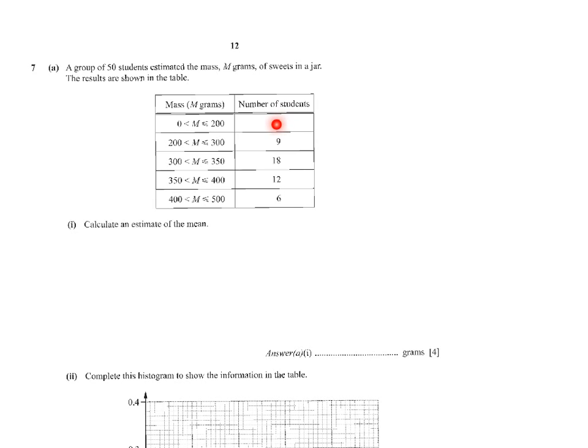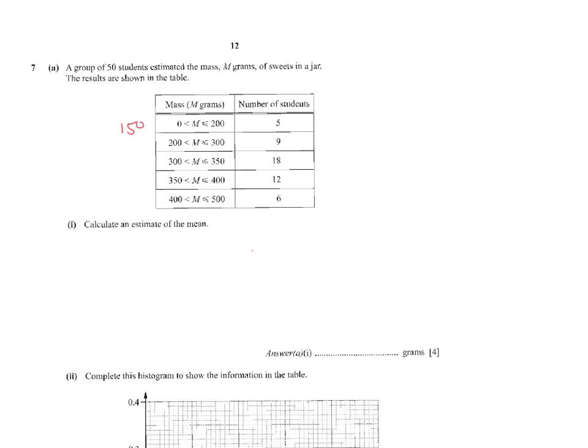Because we don't know exactly what they estimated. We don't know exactly how many grams they think. It's a grouped frequency table, and therefore we'll just take the mid value of each group and work with that. That's why it's an estimation of the exact mean, because we don't know the exact values. So write down those mid values, you get points for that.